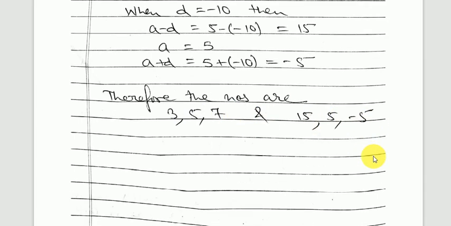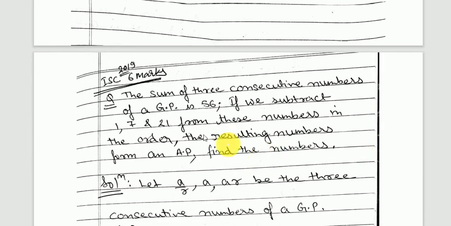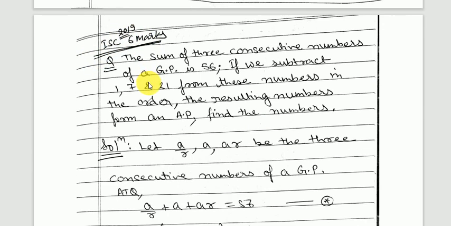Now let us see this ICAI question 2019, 6 marks. Here it says the sum of three consecutive numbers of a GP is 56. Consecutive means one after the other, like 1, 2, 3 is consecutive, 2, 3, 4 consecutive, 4, 5, 6 consecutive.